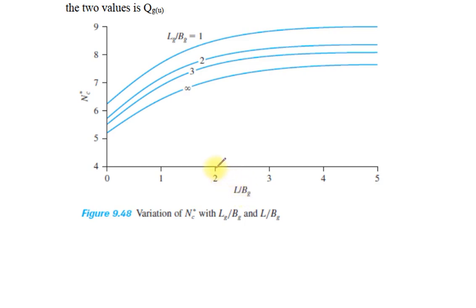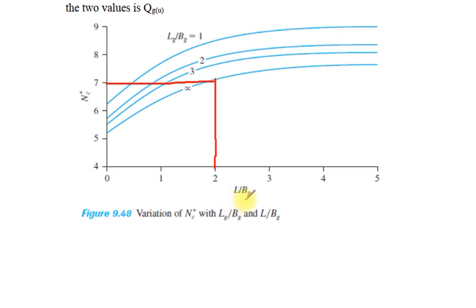If L over BG, for example, equals 2, then we have 4 curves. Every curve represents a case of LG over BG equal to 1, a square block, or 2 or 3, or theoretically infinity. Then, to the left, you can get the value of NC star.